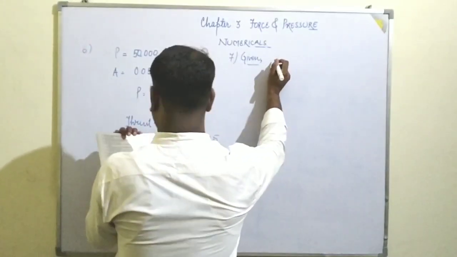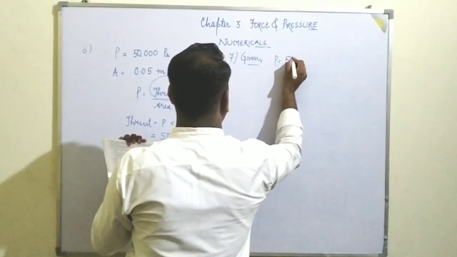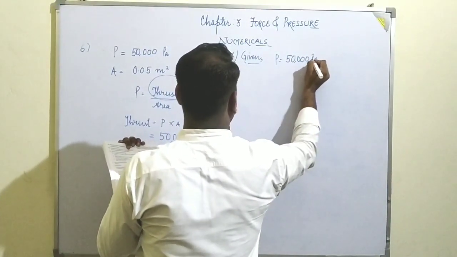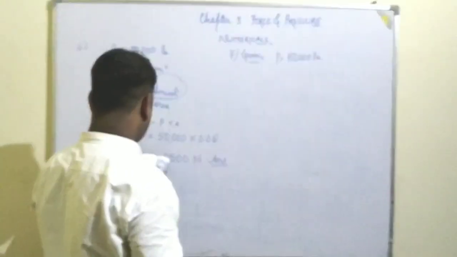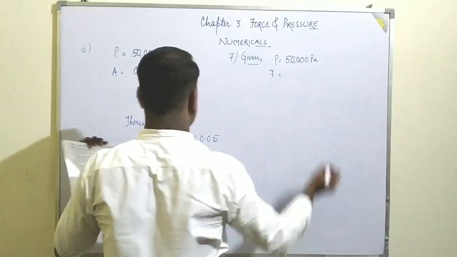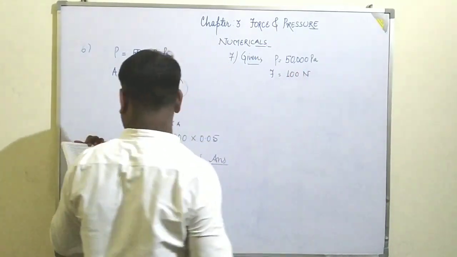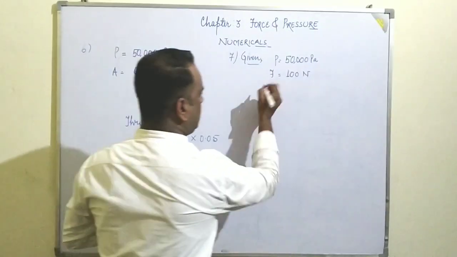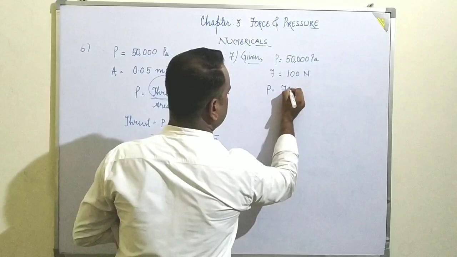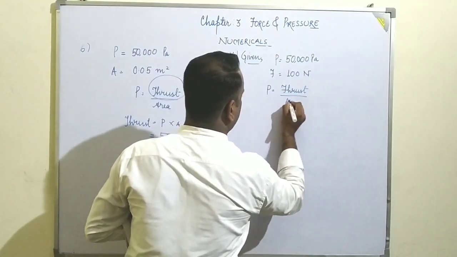Again, what is given here: the pressure is given as 50,000 Pascal, and the thrust, meaning force F, is given as 100 Newton. So we have to calculate the area of the body. Again the formula used is pressure is equal to thrust upon area.